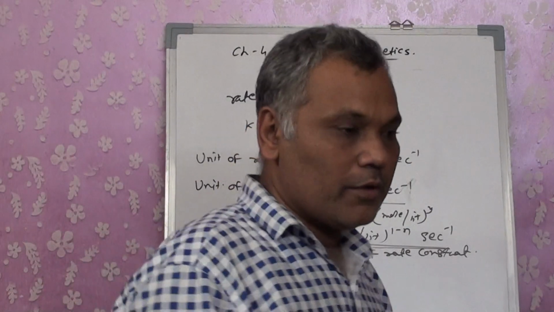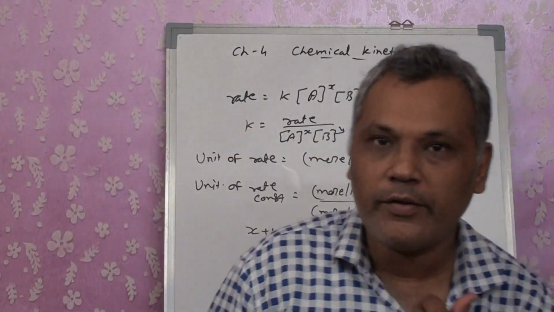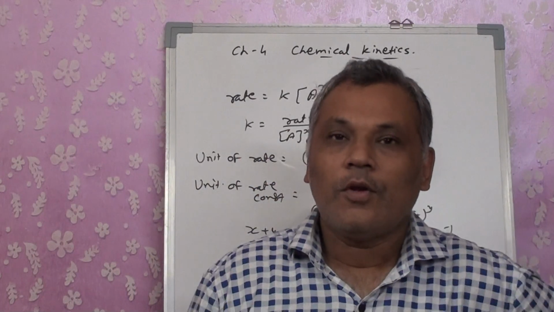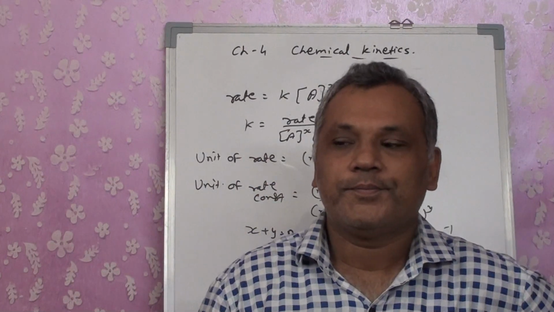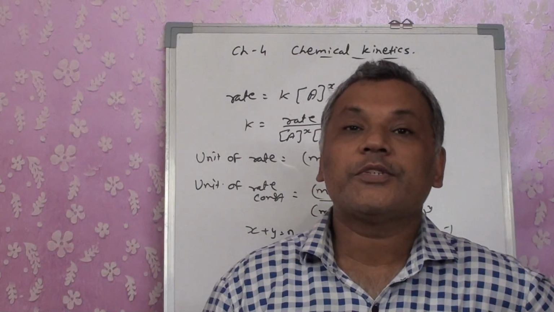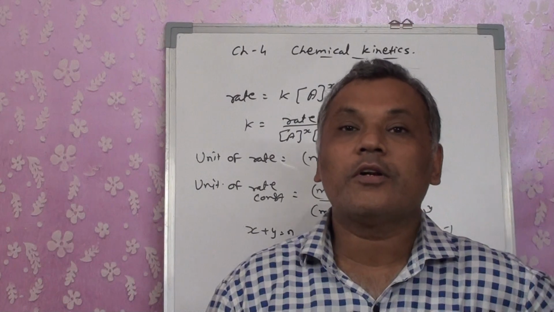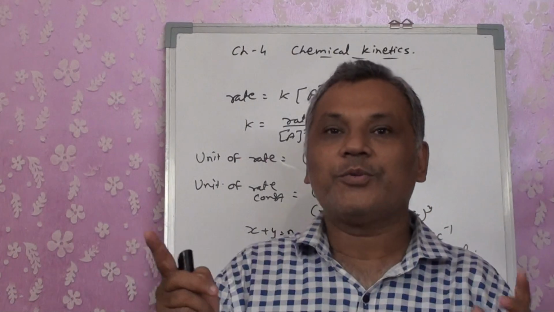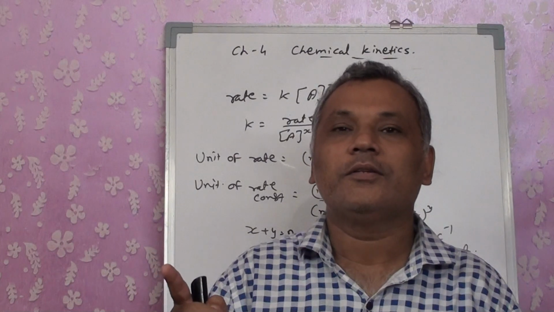At the same time, the third term that we have is known as molecularity. Now, what is molecularity? Molecularity is the number of reacting species coming closer to one another before the reaction starts. Now see the difference between order of reaction and molecularity.